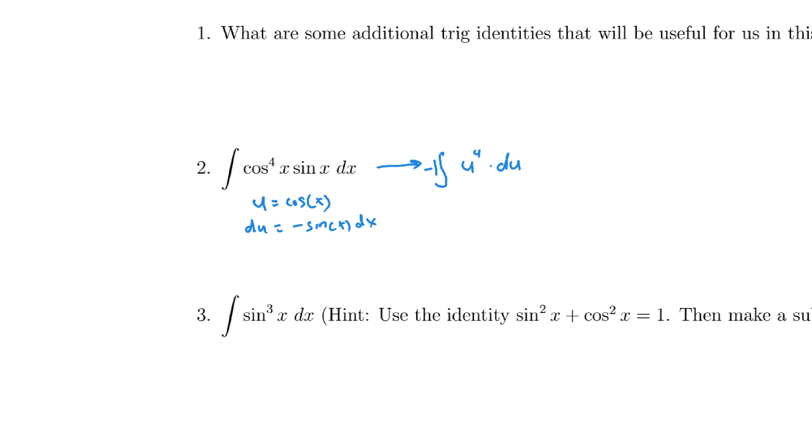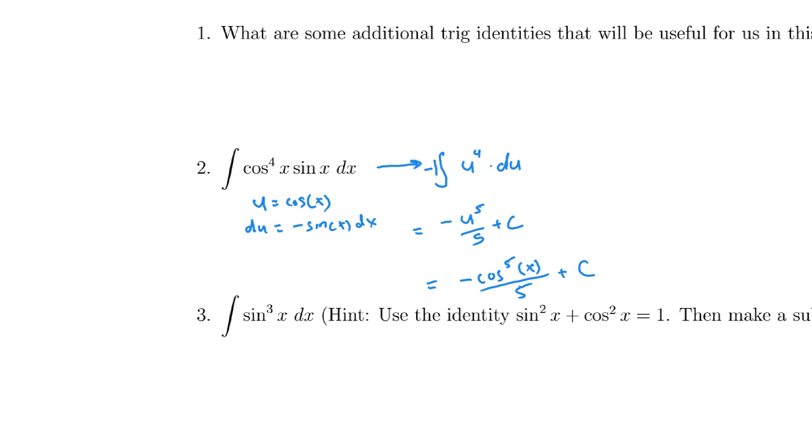So this is our integral, and then we can see this becomes negative u to the 5th over 5 plus c. And that just becomes negative cosine to the 5th of x over 5 plus c. And we're good to go.